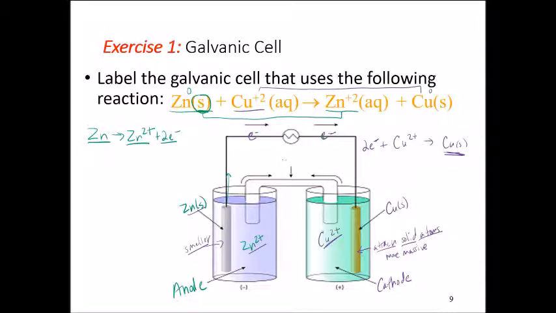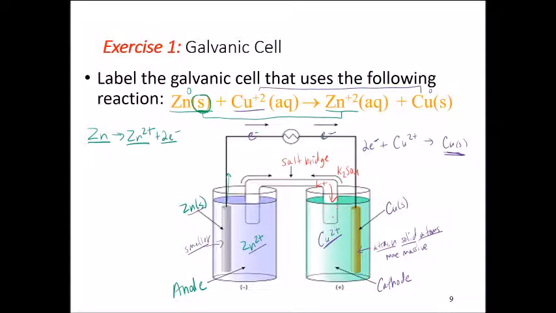Okay, one more thing to add in, of course, is our salt bridge here. This is where we would put our soluble ionic compound that's not going to react in this particular case. So you could use the potassium sulfate, remembering, of course, that the potassium ions are going to flow towards the cathode.